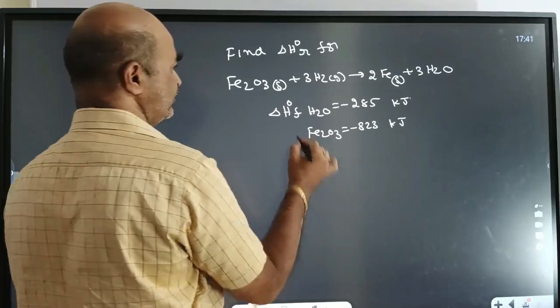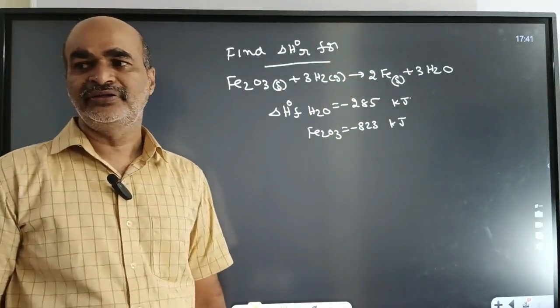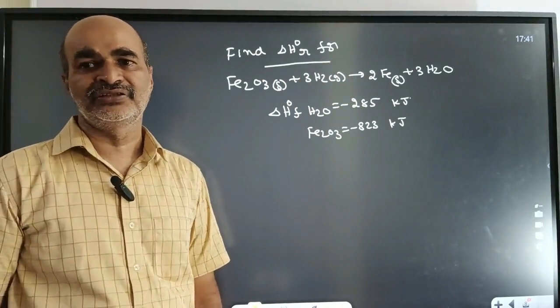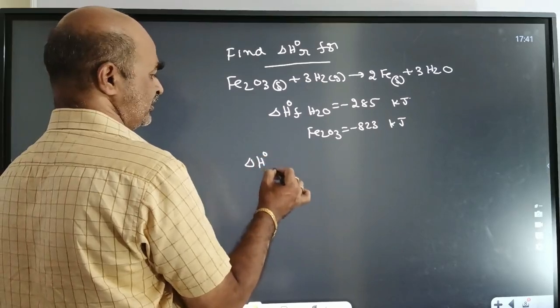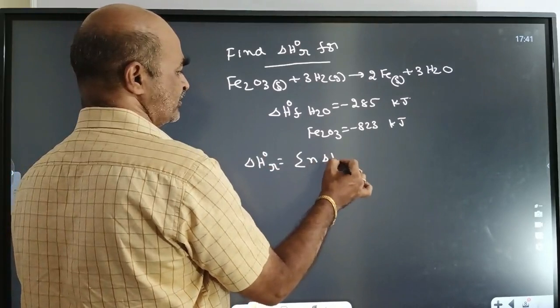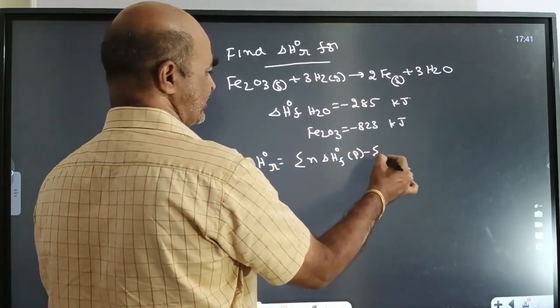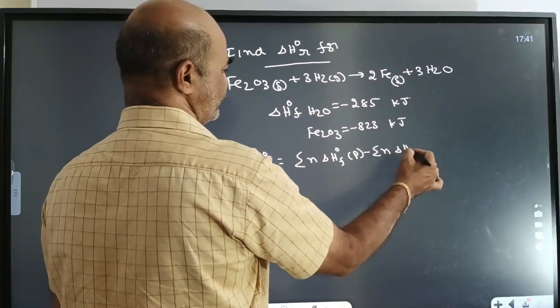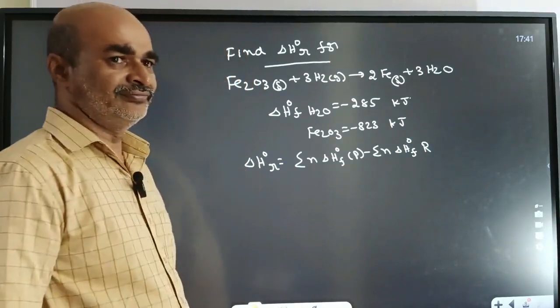Find the enthalpy of reaction. The enthalpy of reaction is equal to the sum of enthalpies of formation of products minus the sum of enthalpies of formation of reactants.